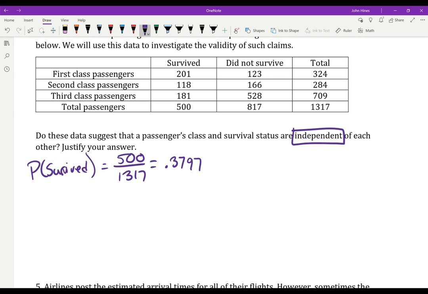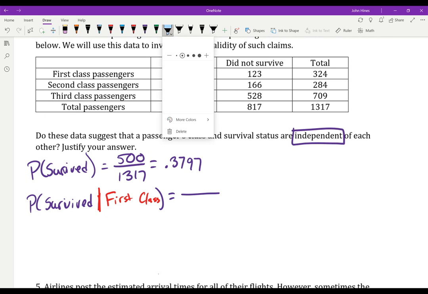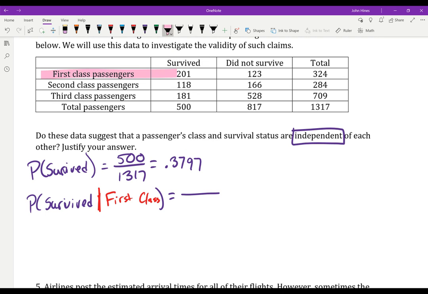And now I'm going to compare that with something. I'm still going to find the probability that someone survived, but this time I'm going to add in a condition. I'm going to condition it on them being first class. So I'm still finding the probability that they survived, but this time I'm only allowed to pick from my first class passengers. So of my first class passengers, of those 324 people, what proportion of them survived? 201 survived out of that.